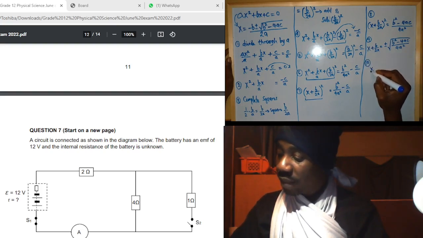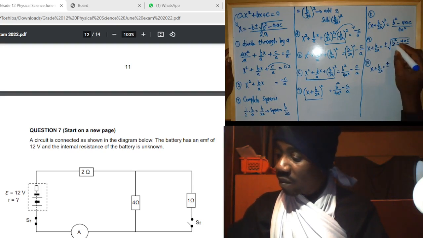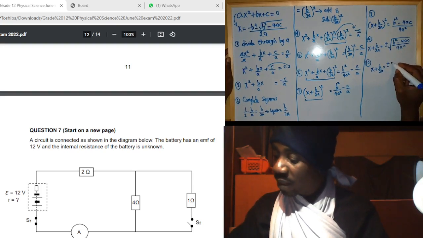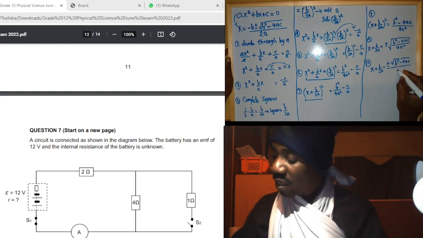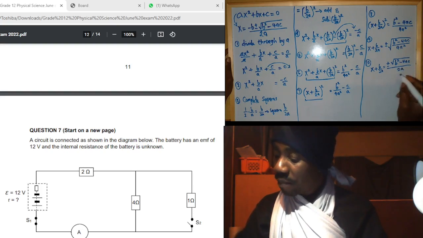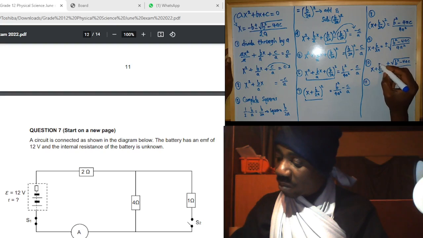So we have x plus b over 2a equals plus or minus. So the numerator here stays square root of b squared minus 4ac divided by the square root of 4a squared, which is 2a. So in step 11, you can take this plus b over 2a to this side.